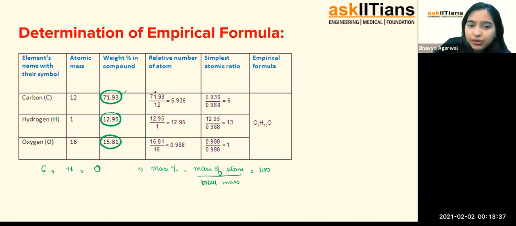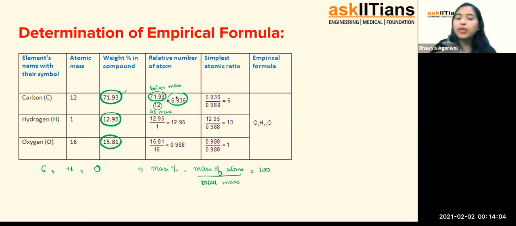Now, if it is in grams, so this is the given mass, and this is your atomic mass. So can I say that this gives me the relative number of moles also?